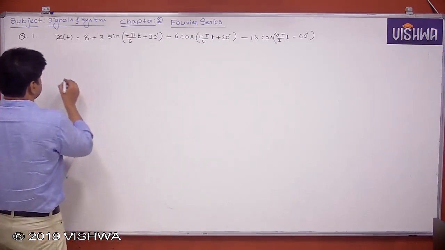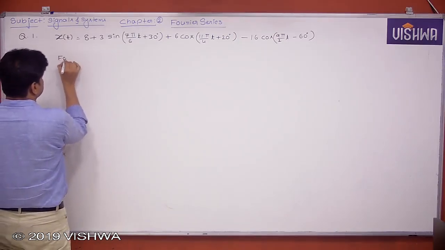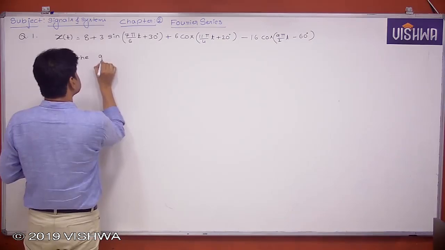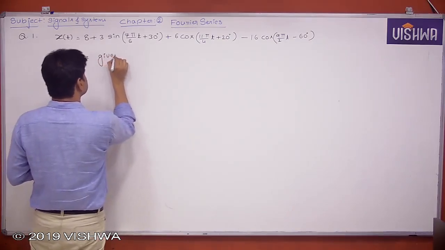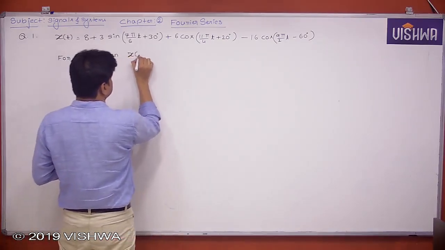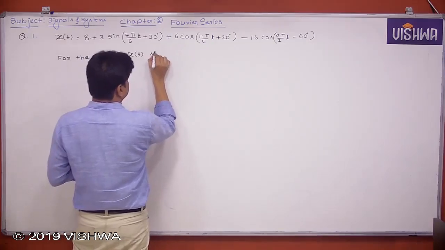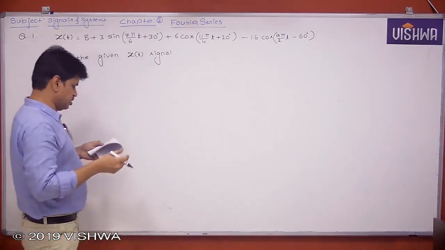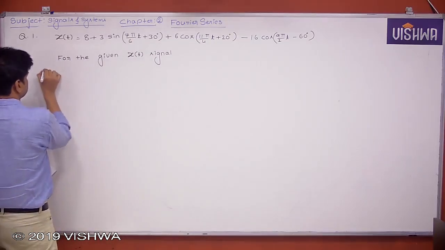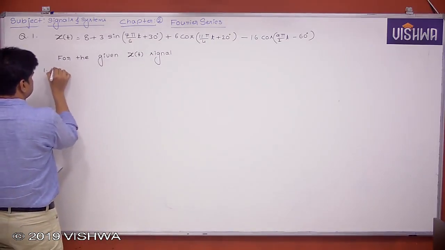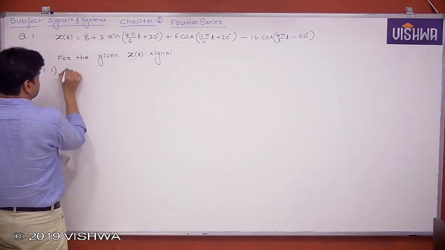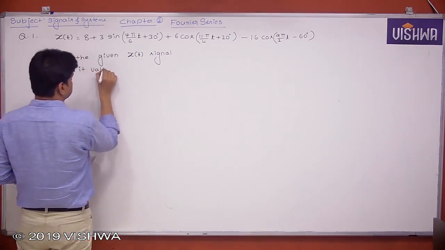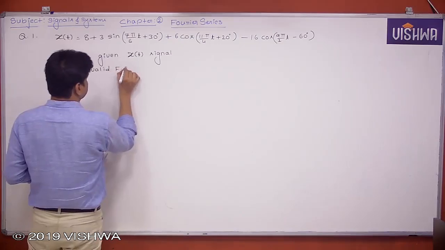Okay, let's see. For the given x of t signal, first question: is it a valid Fourier series?